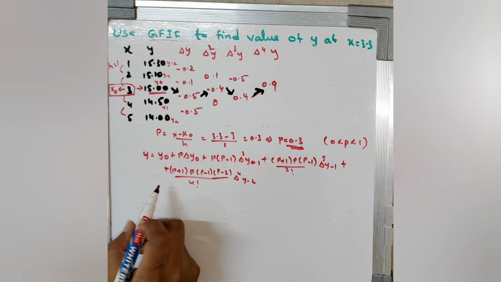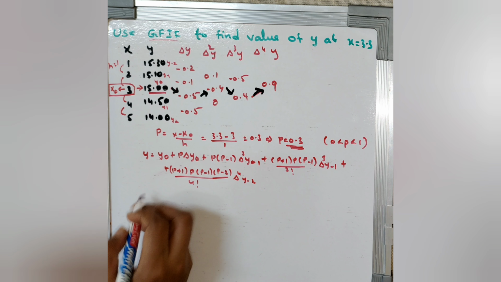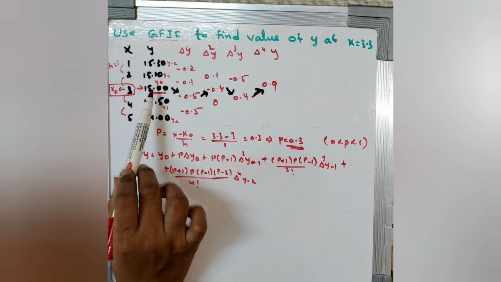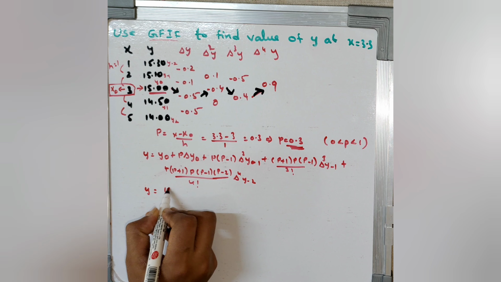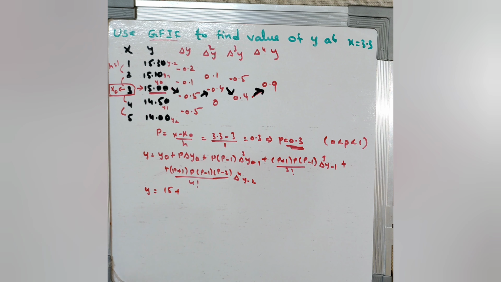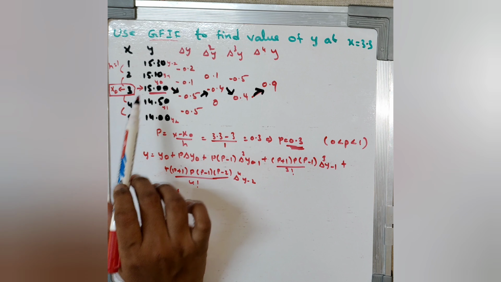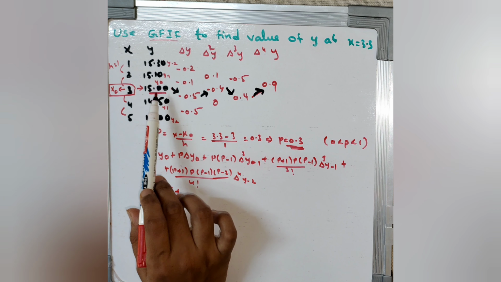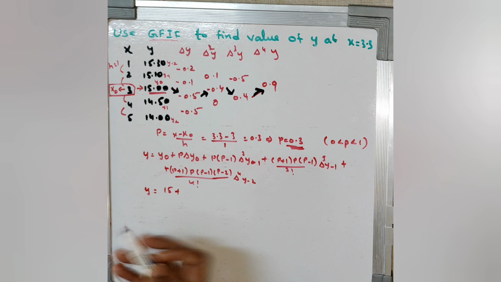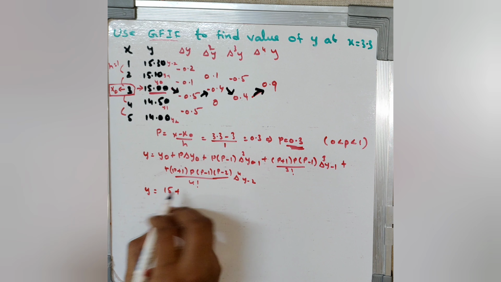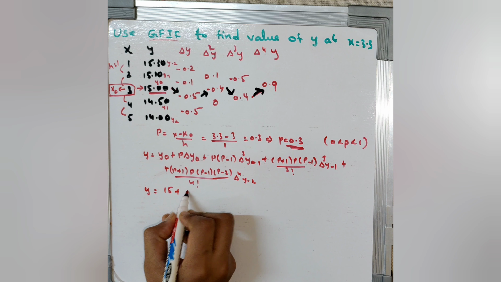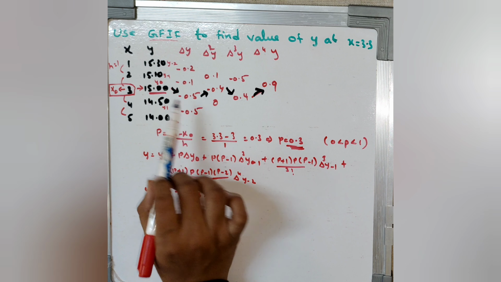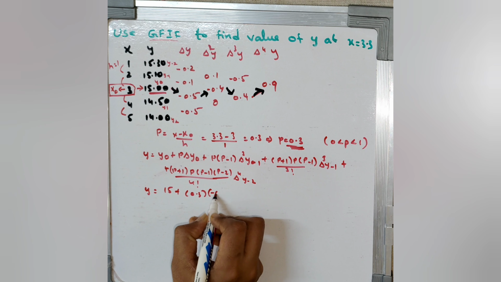Now this is our Gauss forward interpolation formula, and now we will substitute the values. y is equal to y naught. What is y naught? Y naught is this one, that is 15, plus, from the origin we have to take the upper one as the negative values and the down one as the positive values. Now p is 0.3 into delta y naught. Delta y naught is minus 0.5.